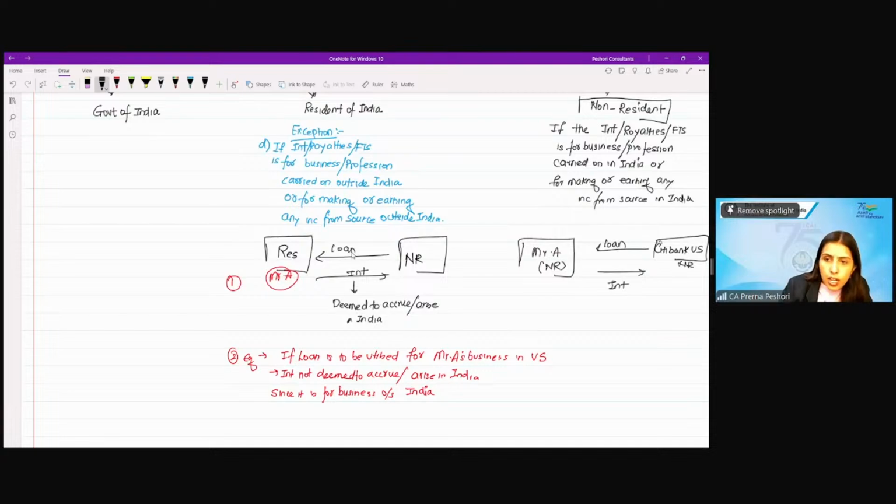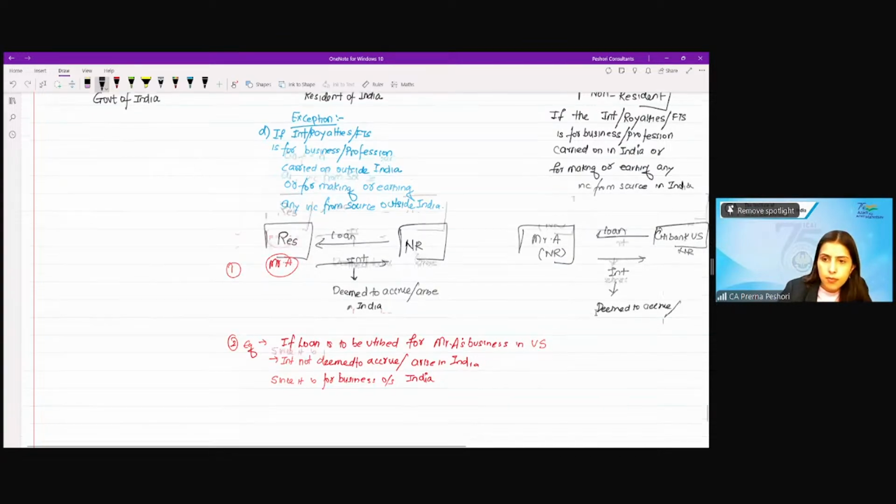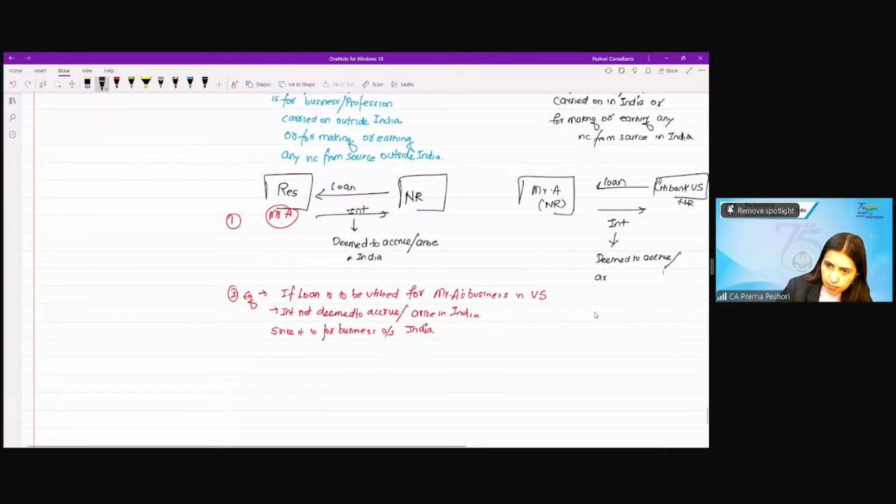Answer is no. It will be deemed to accrue or arise in India if it is for business carried on by Mr. A in India. So if Mr. A borrows these funds for doing the business in India, then only this will be deemed to accrue or arise in India.